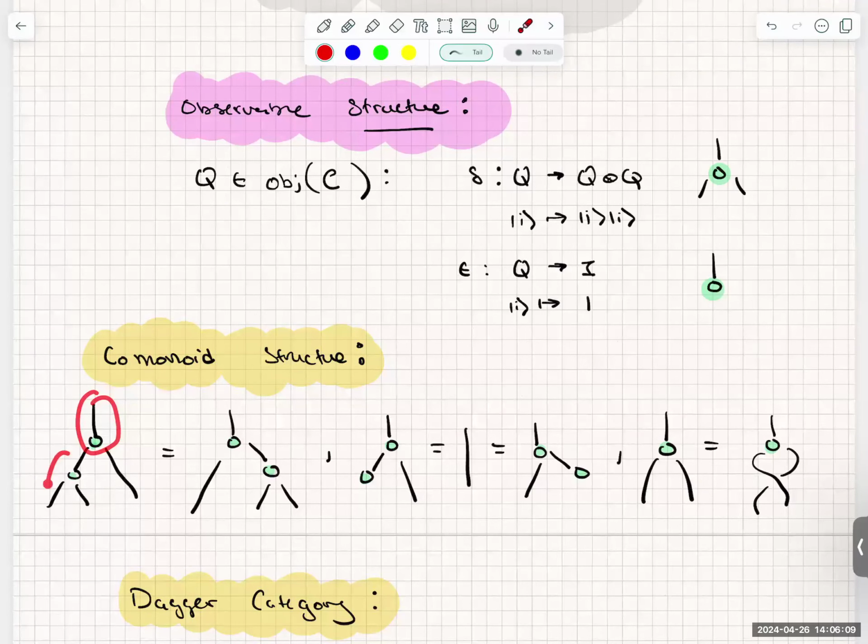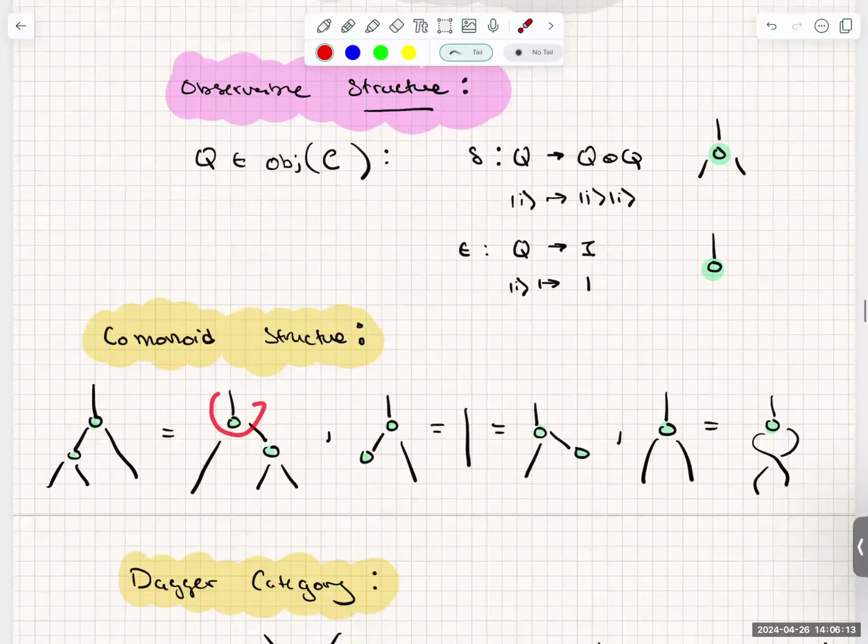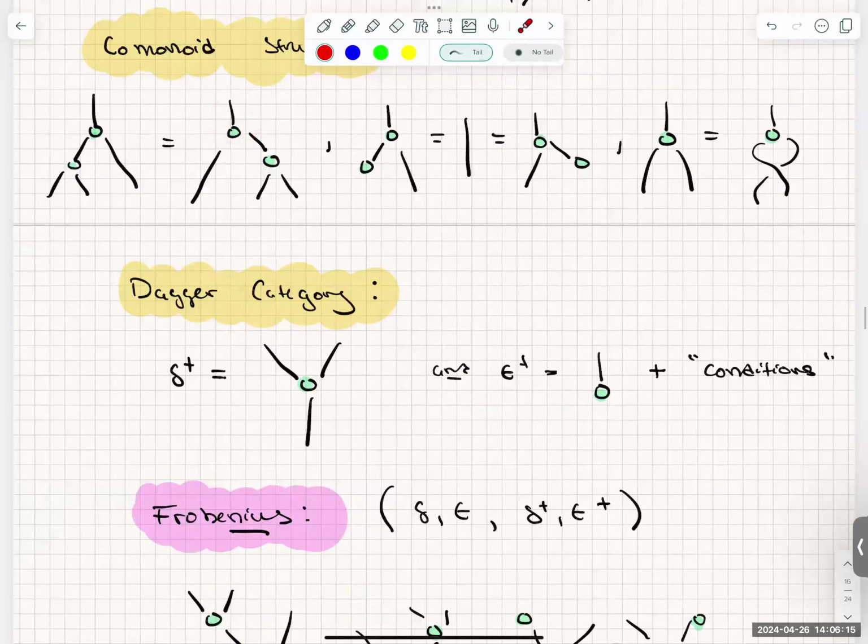So you can copy and then copy, and that's the same thing as doing it the other way. The dagger buys us the ability to go from a copying operation to a deleting operation, going from two inputs to one output. And then also the epsilon dagger, plus additional conditions which make sure that everything meshes together.